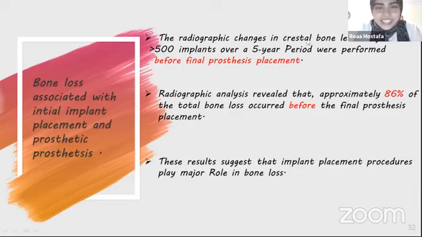Okay. Talking about the bone loss. I think we talked about this concept before in one of the papers of the new classification, that bone loss occurs before the final prosthesis placement. Yes.